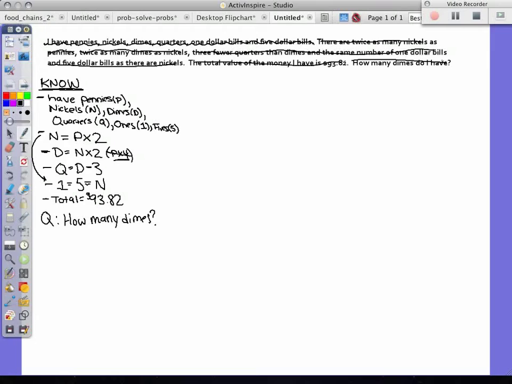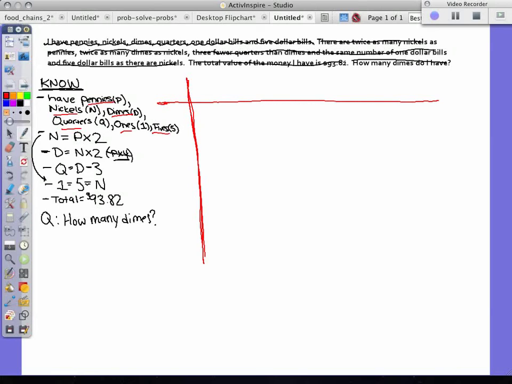Now, this problem is going to require a pretty big table because as you see, we have 1, 2, 3, 4, 5, 6 different parts, and we're interested in finding out the total. So let's think about your table. We're going to need to put in 6 categories plus 1 for the total. I always like to line it up from least to greatest.